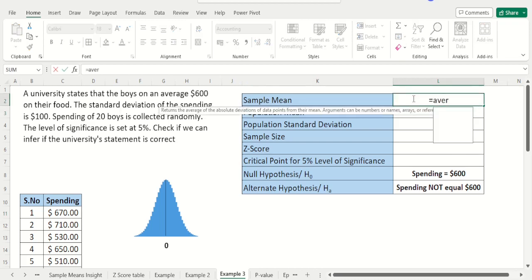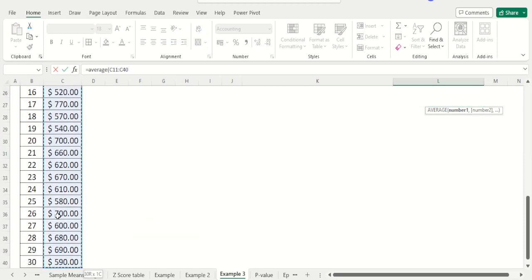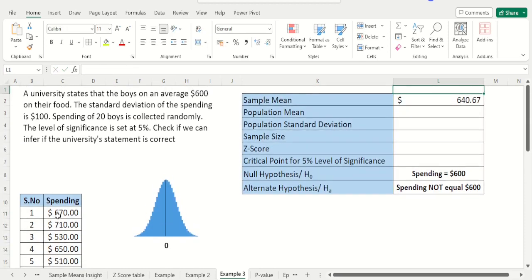To begin with, your sample mean is, remember, the easiest to calculate. You just take the average of all of these and you have the sample mean right there. What's the population mean? The population mean comes from the problem statement, where the university is claiming that it is indeed $600. What's the standard deviation?